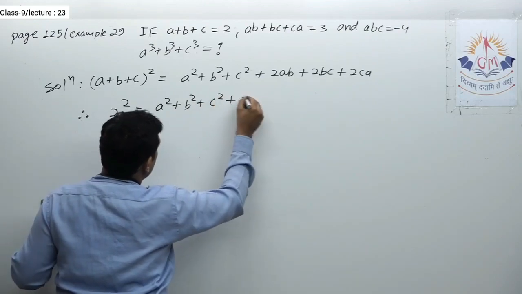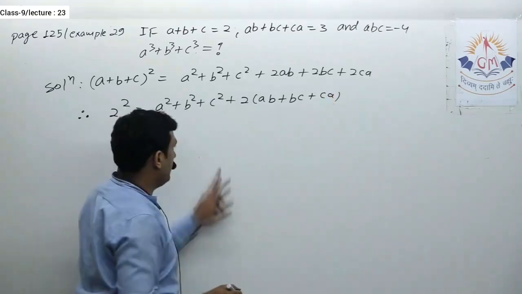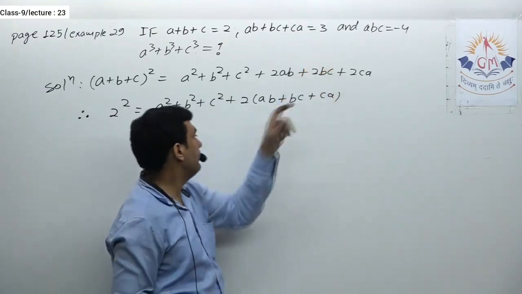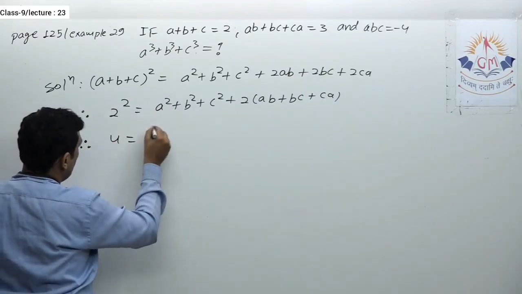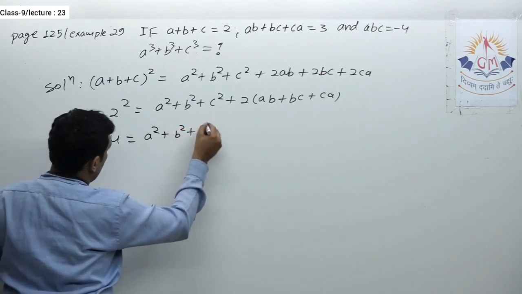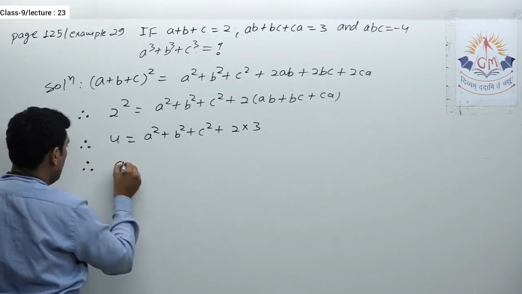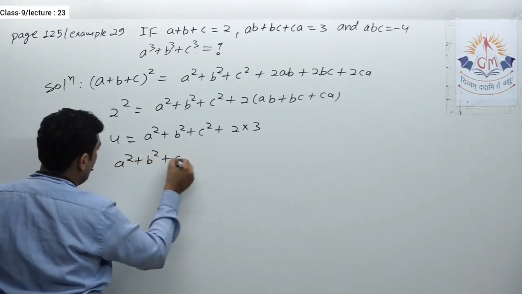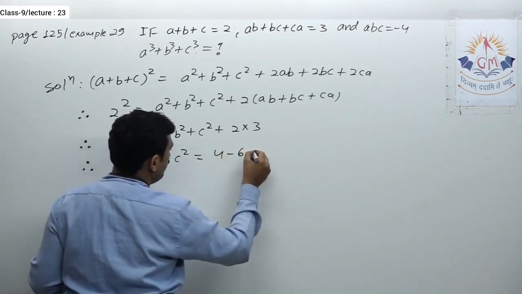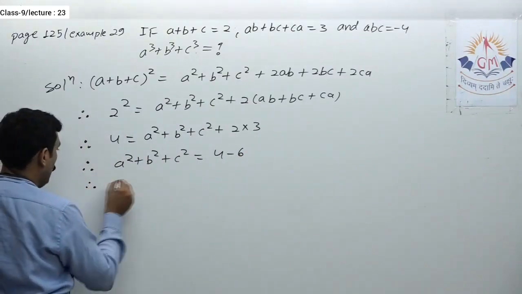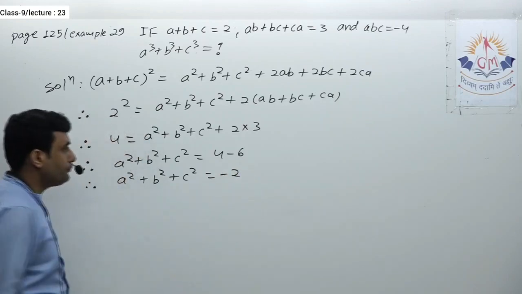Now from these three I can take 2 common, so ab plus bc plus ca. Now next step I will put this value which is given, 3. So here I can write 4 is equal to a square plus b square plus c square plus 2 into 3. So ultimately a square plus b square plus c square is equal to 4 minus 6, that is minus 2. Therefore a square plus b square plus c square is equal to minus 2.